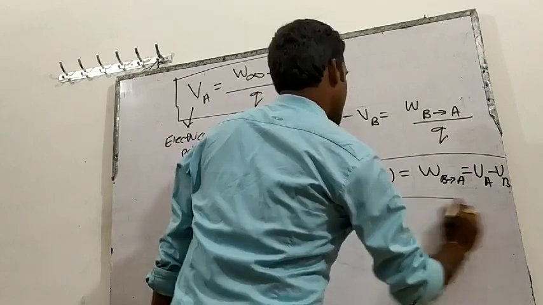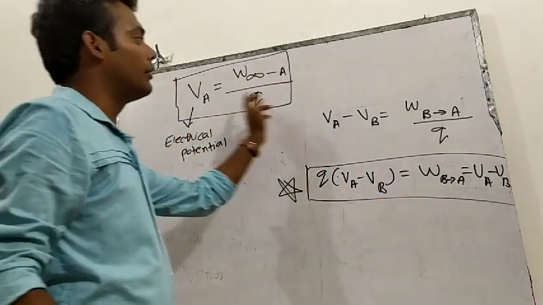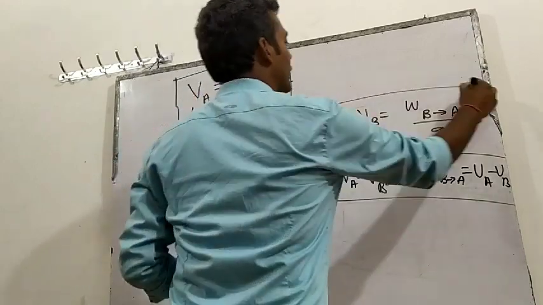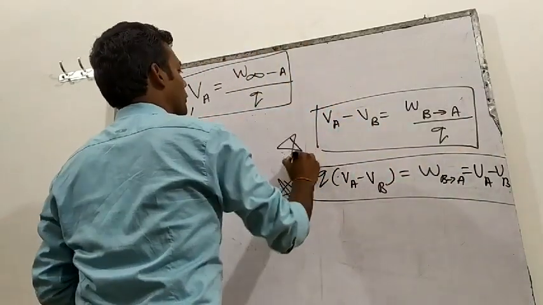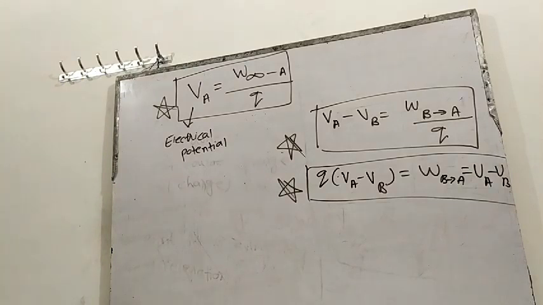So this formula is clear. This is coming from the potential difference concept. So you have to prepare all the formulas. Write one question on this.